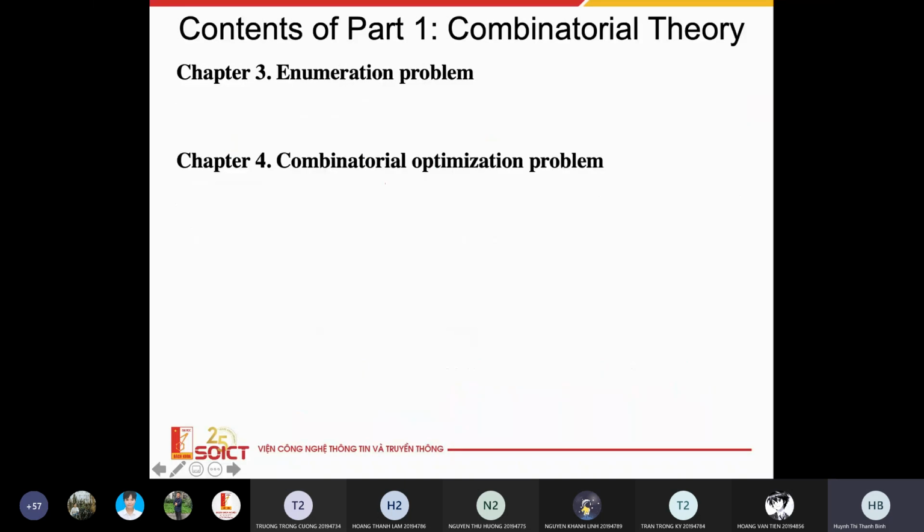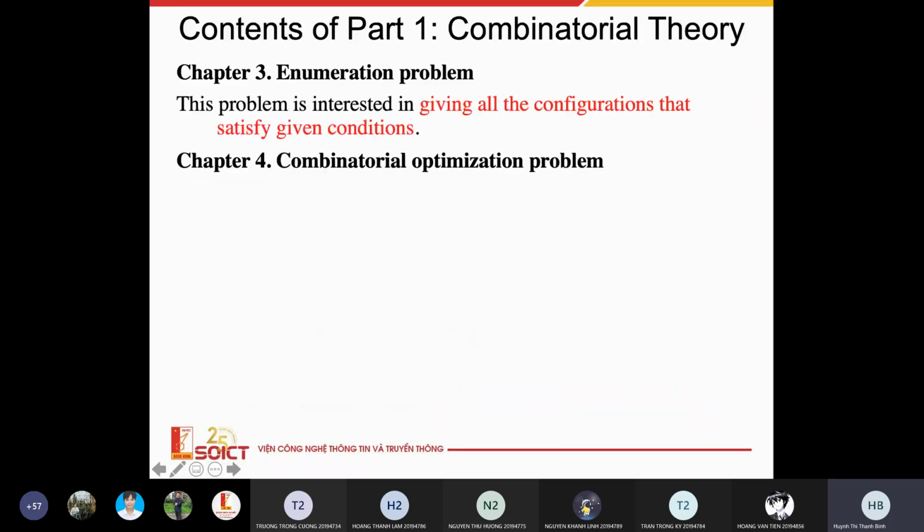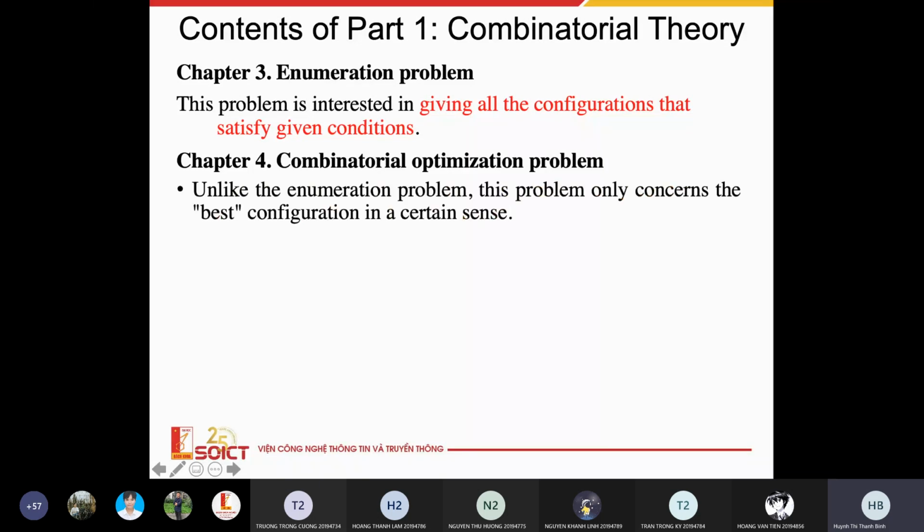And in chapter 3, the enumeration problem, this problem is interested in giving all the configurations that satisfy a given condition. But in chapter 4, the combinatorial optimization problem, unlike the enumeration problem, this problem only concerns the best configuration in a certain sense.